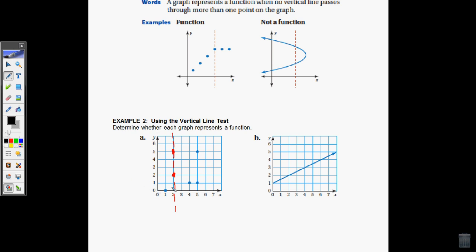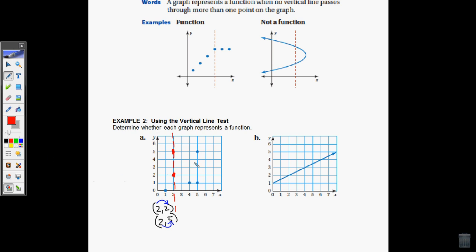Well, it's true because if I plot these points, 2, 2, and also 2, 5, we can see clearly that the input value of 2 is related to 2, but it's also related to 5. And we know that that can't be the case. 2 can only be related to one single output value. So the vertical line test here tells me, because it hits 2 points, that this is not a function.